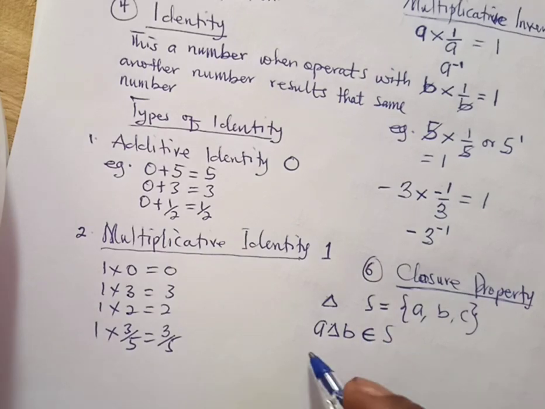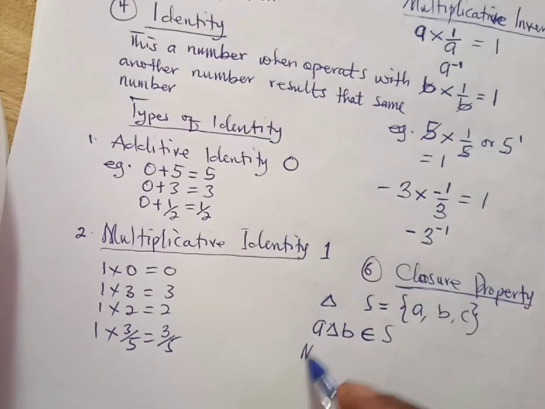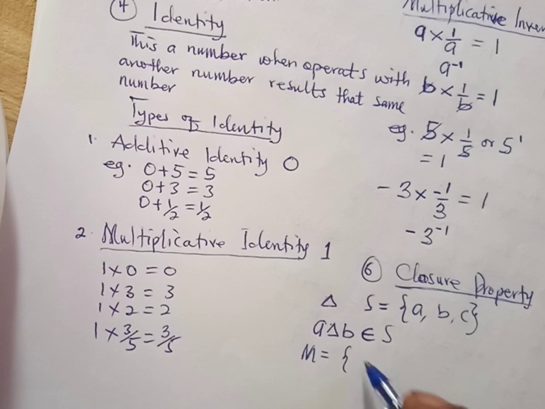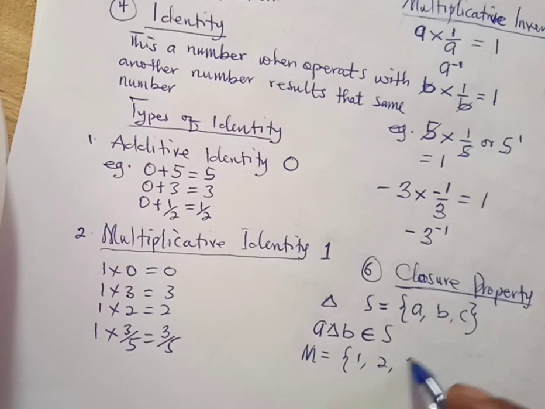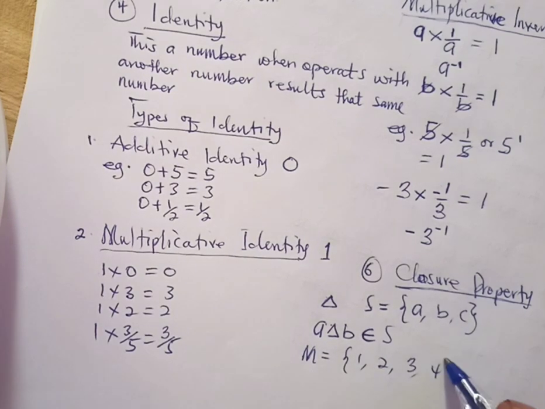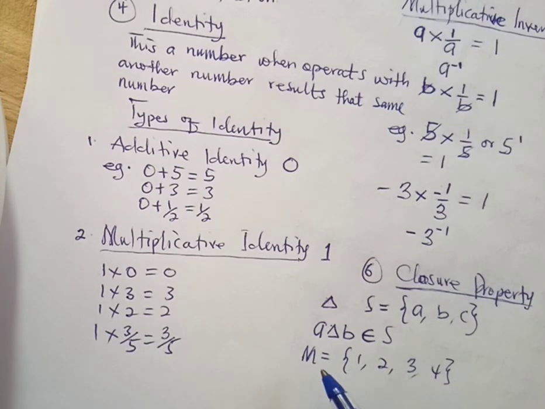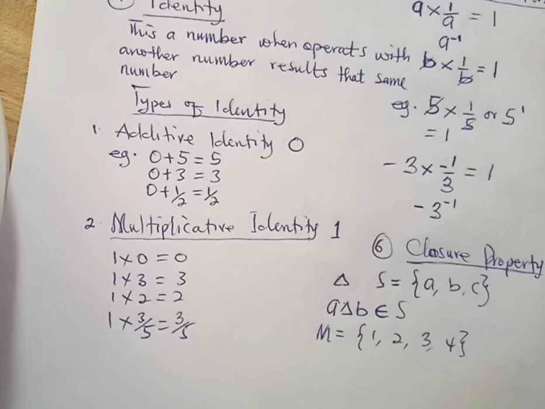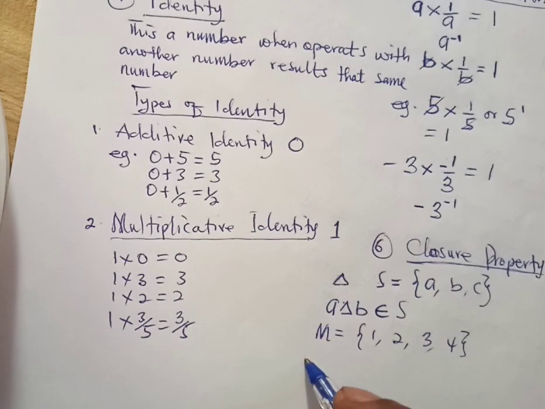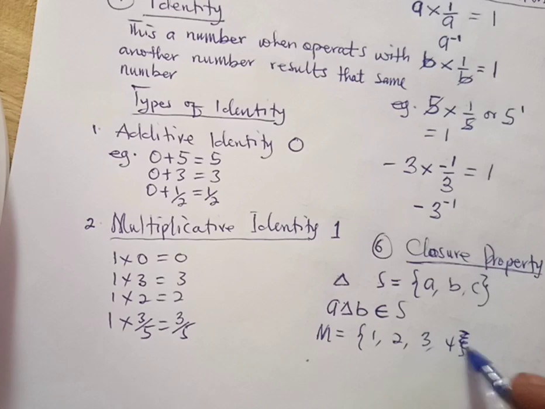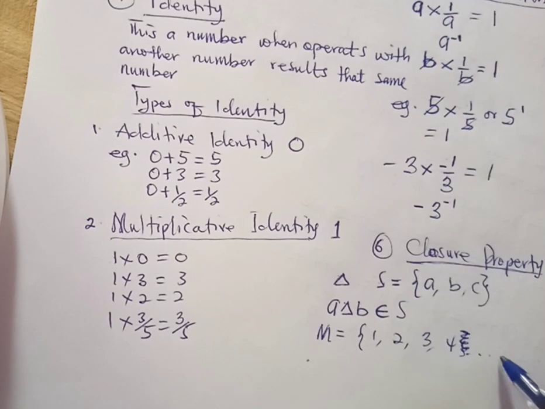So for instance, if I have set M equal to 1, 2, 3, 4, and I use addition as the operation, I pick two numbers from here and add them.